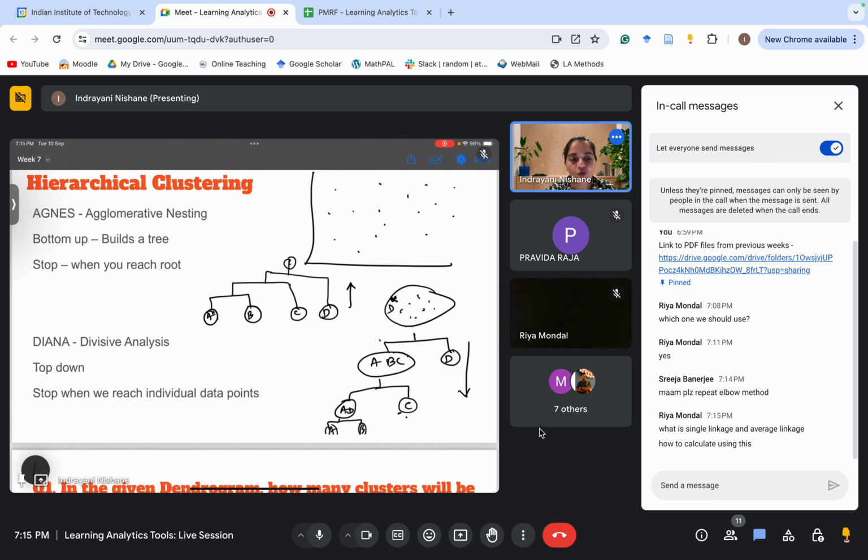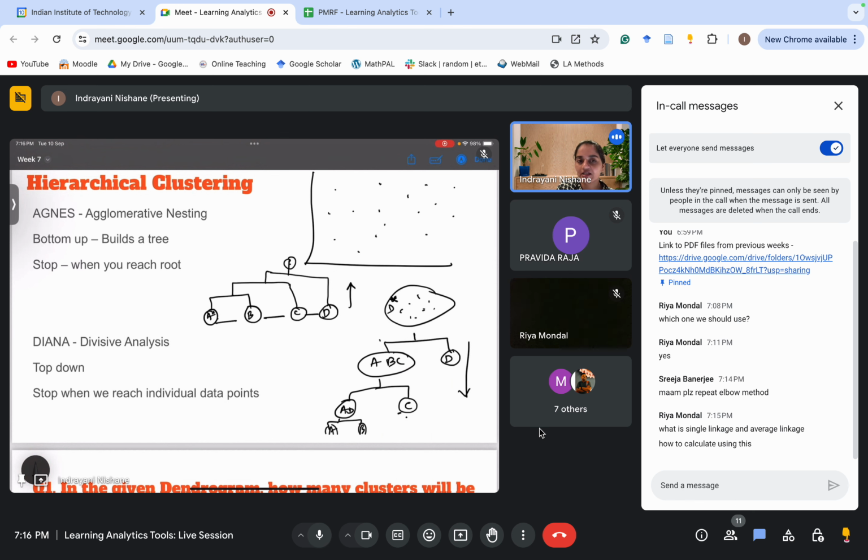So single linkage is where we compute the distance between these. Hierarchical clustering is where we compute the distance and we try to combine the closest two data points in the Agnes method, when we do the bottoms up. So in the bottoms up approach, every data point is one single cluster, and then we compute distance between the clusters, just like in k-means we compute distance between centroids. So here each data point is a cluster, so its centroid is the data point itself, right?